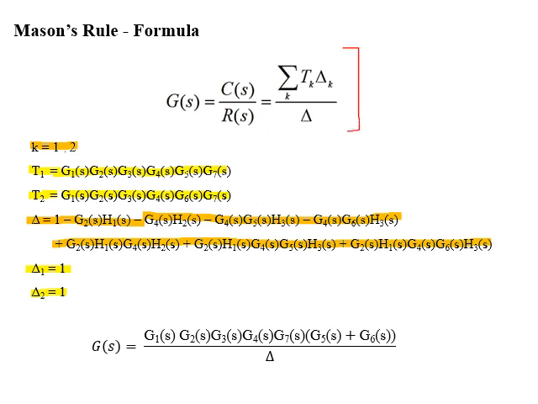Now if you see all the loop gains are connected to the first forward path, so delta 1 will be equal to 1, and similarly all the loops are connected to the second forward path. Similarly delta 2 will also be equal to 1. Now substituting all these values in the transfer function, we will get our desired transfer function for the system using Mason's rule.